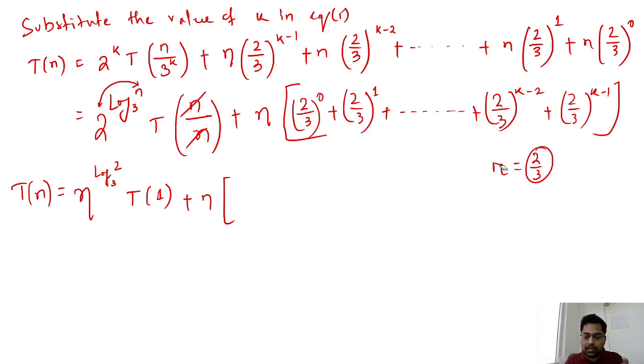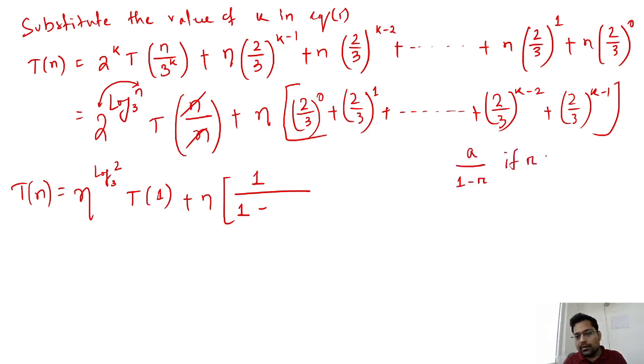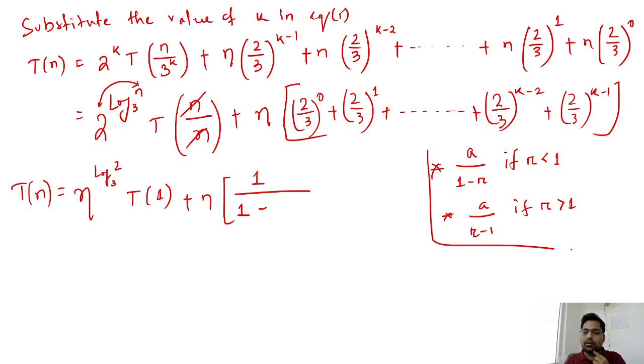If it is less than 1, then a is 1, so you write 1 by 1 minus r. If r value is less than 1, a by 1 minus r. If r value is greater than 1, a r minus 1.